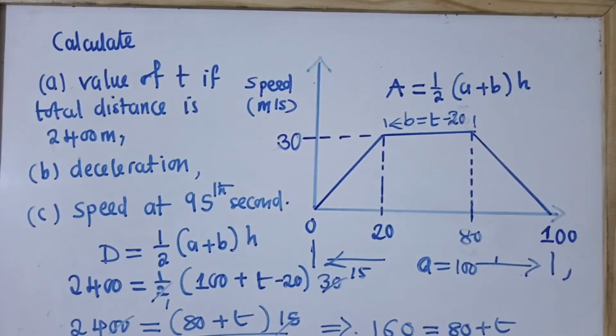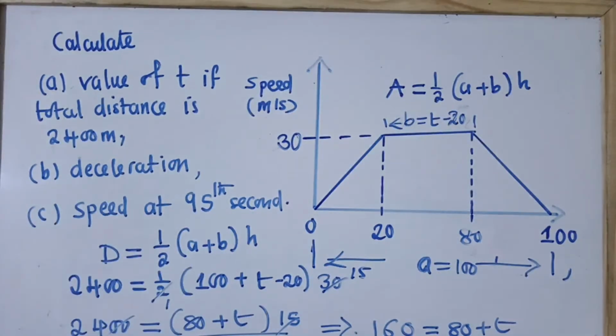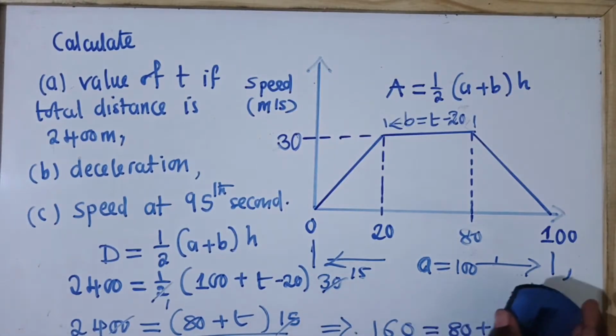It depends on how you feel like simplifying. Are you following, guys, up to here, so that we can do question B to find deceleration? Can somebody tell me in the comment section if you're following up to here? Okay, all right, so you're following, right?